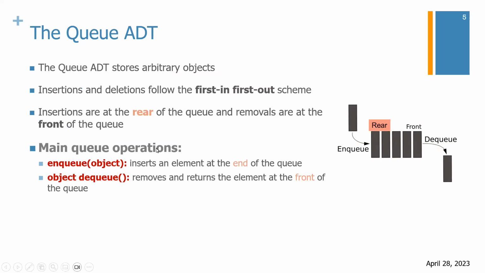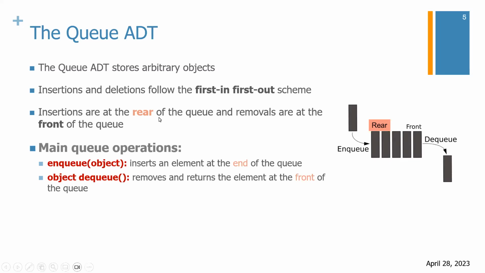How do we insert and how do we remove for a queue? In the last subject, we already covered the stack. So what is the difference between a stack and a queue? A stack follows the schema of first in, last out, but for a queue it is first in, first out.